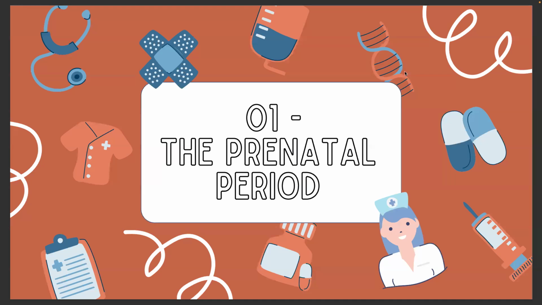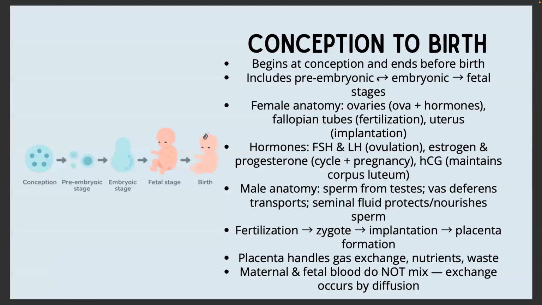So the prenatal period, this is kind of going more into anatomy, but I just wanted to cover it just in case anatomy wasn't your thing, and you're not super confident about this type of material. The prenatal period begins at conception and ends before birth. So it's going to cover all of the pre-embryonic, embryonic, and the fetal stages.